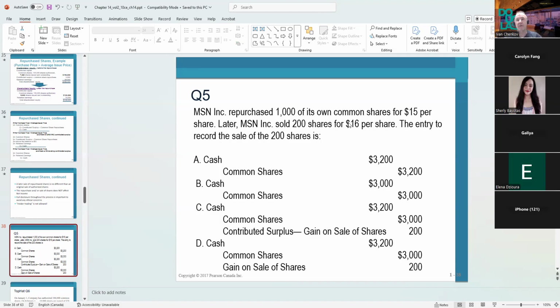What will be the average issue price per share? $16. What we repurchased from before doesn't matter. That's in the past. The only thing that matters is what we're doing and which entry we have to record.